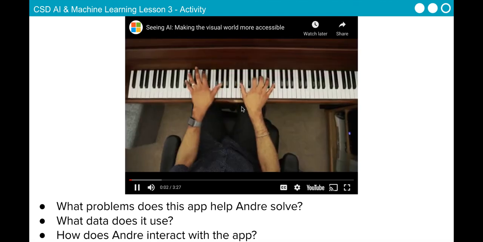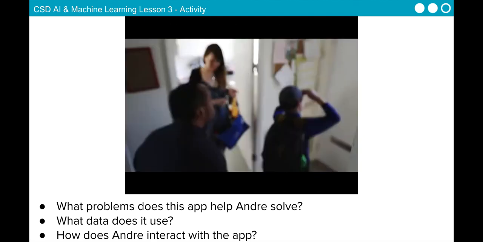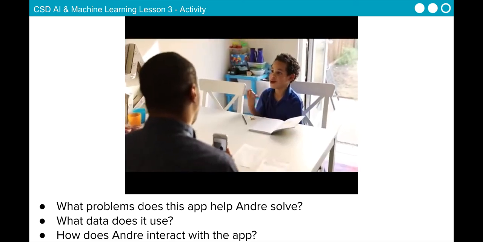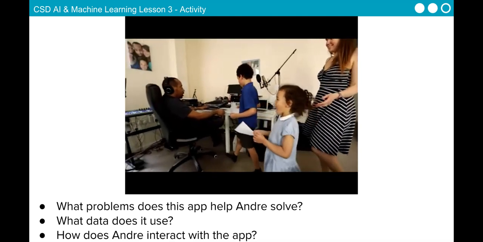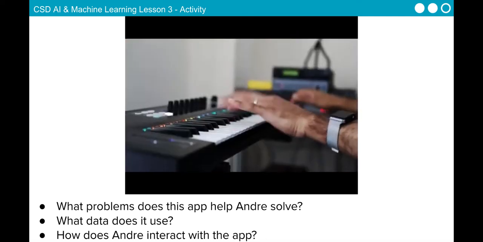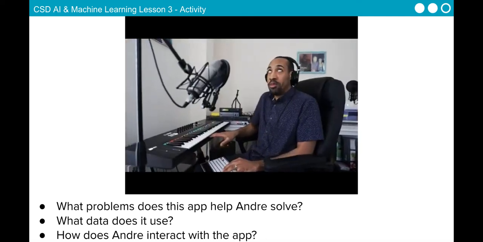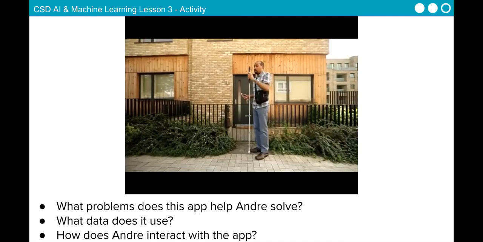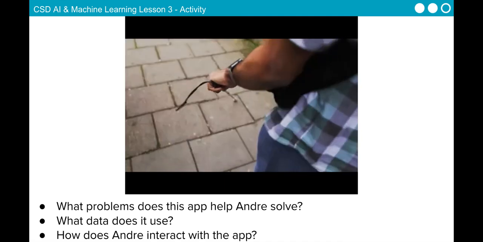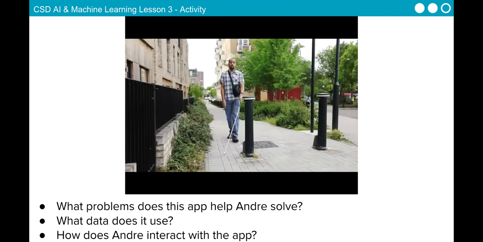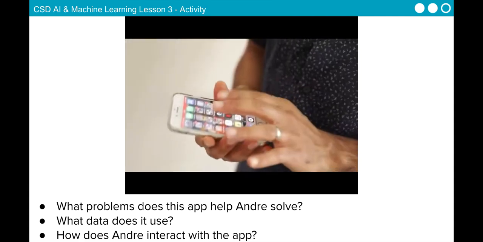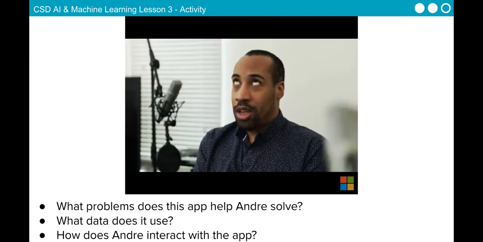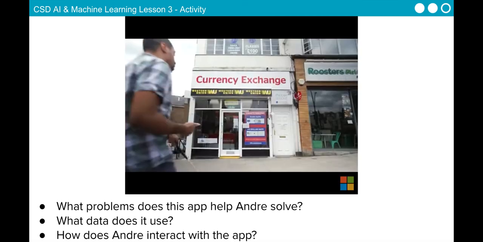My take on life is that life is definitely there for the taking. What you put in is what you'll get out. Two things important to me in life are family and music. They both play a huge part in my life. Technology allows me to be my own one-man band. I try to be as independent as I can, and the way that I do that mostly is with low-tech, which is a white cane, and high-tech, which is a phone. Seeing AI. Seeing AI is one of the biggest deals in technology, I think, at the moment for visually impaired users.